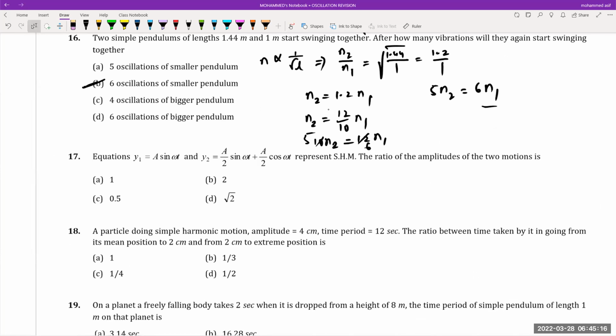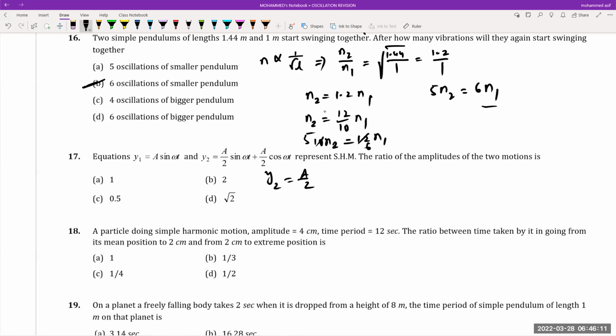Simplify करो खाली. सेवनटीन्थ वन का आंसर क्या आएगा बेटा? y2 को सिंप्लीफाई कर लो मैं पहले.